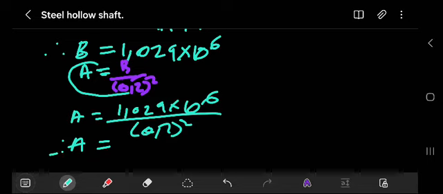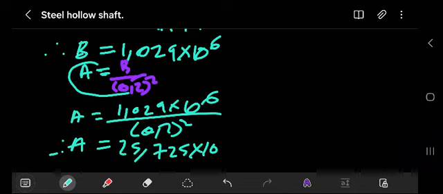Therefore A will be that: 1,029 times 10 to the power of 6 divided by 0.2 squared, simply 25,725 times 10 to the power of 6.